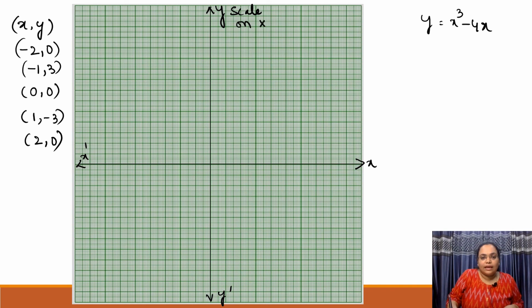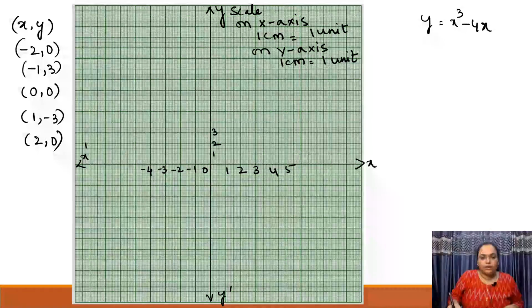On the x-axis, I will take 1 centimeter equals 1 unit, and on the y-axis, 1 centimeter equals 1 unit. 0, 1, 2, 3, 4, 5, minus 1, minus 2, minus 3, minus 4, and 1, 2, 3, 4, minus 1, minus 2, minus 3, minus 4.